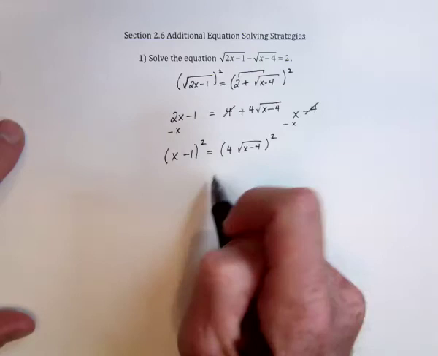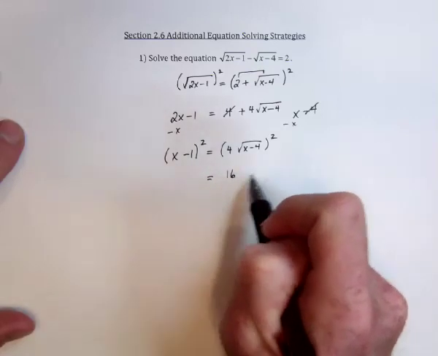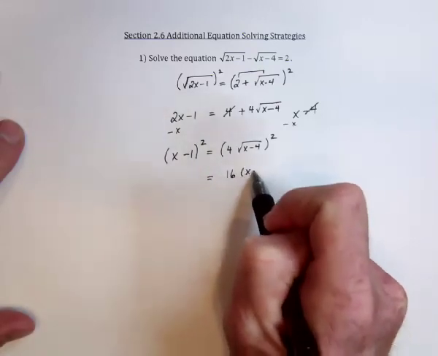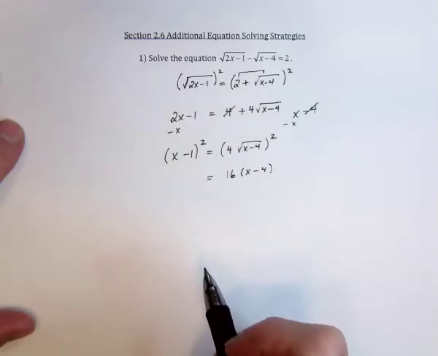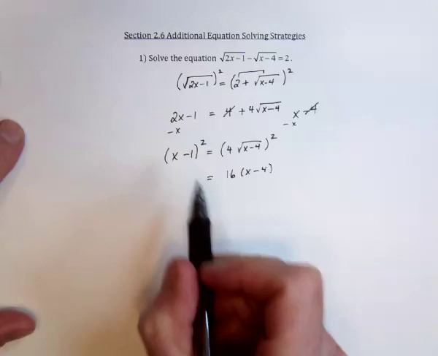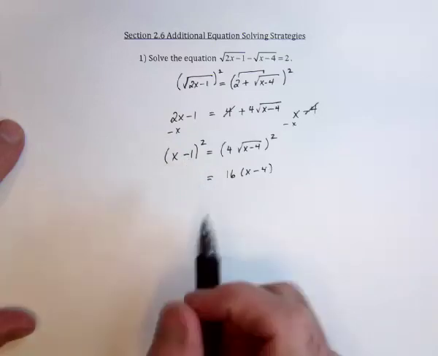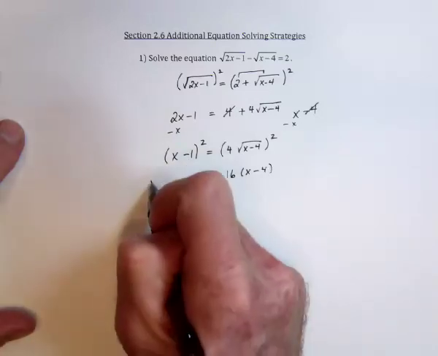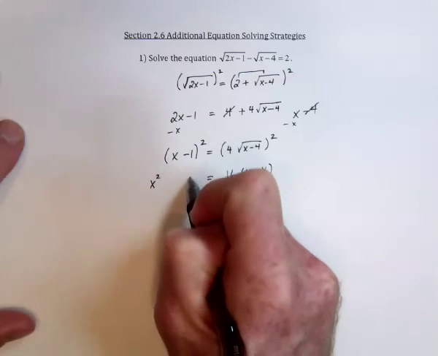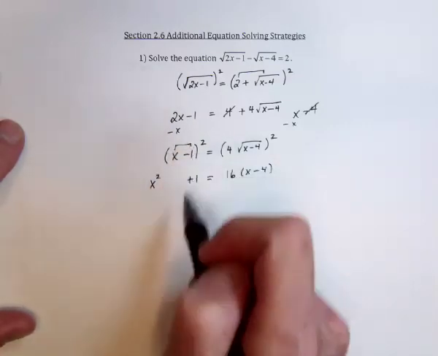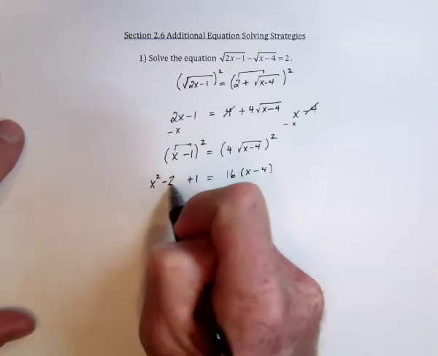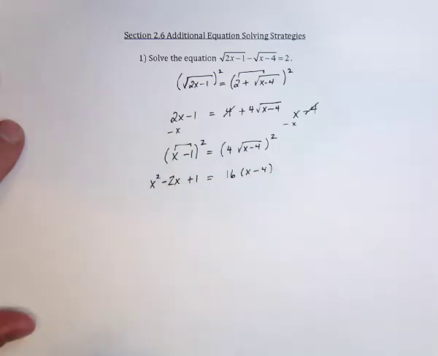So on this side, as I said, it's going to become a 16 and an x minus 4. Well, the 16 needs to be multiplied with all of that, so put the x minus 4 in parentheses. And over here, again, FOIL or use the distributive property, or square the first item, square the second one, multiply the two, and double the result, negative 2x.